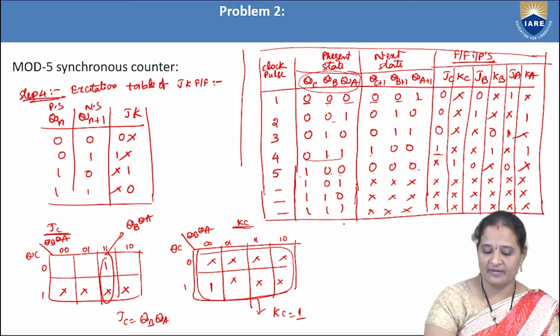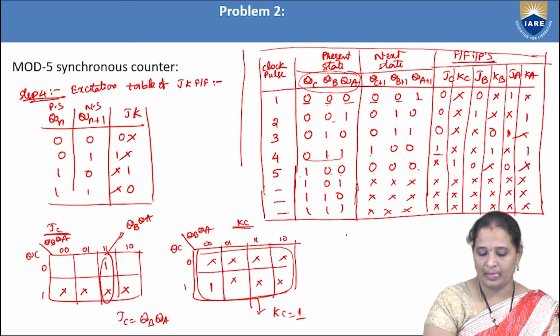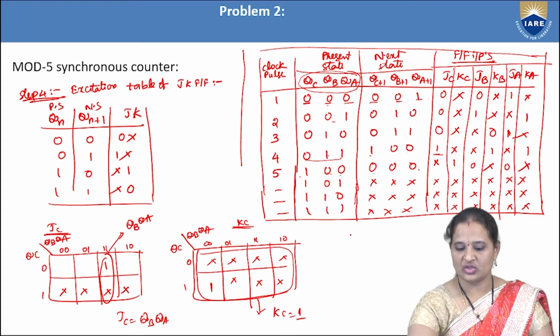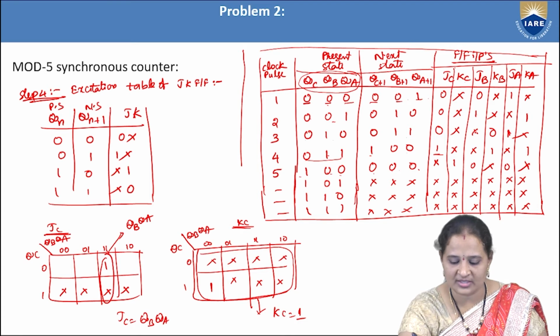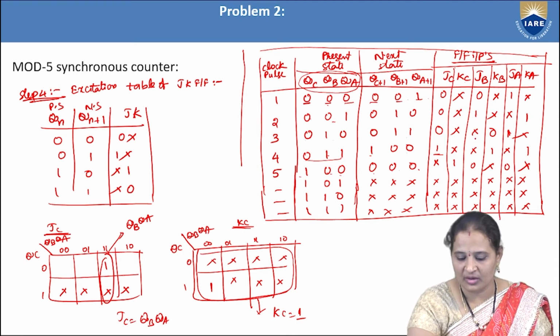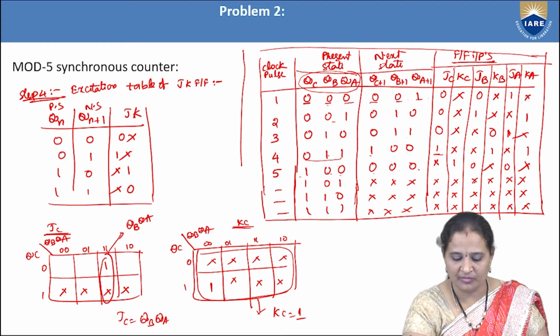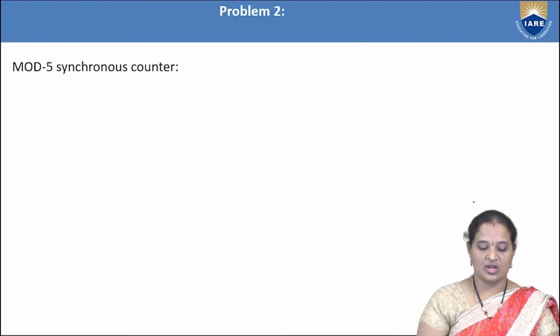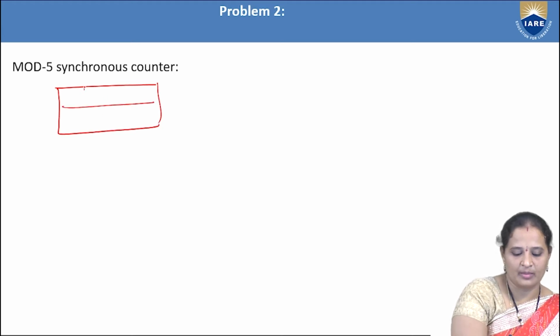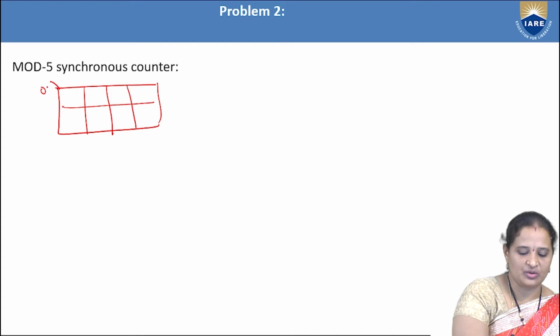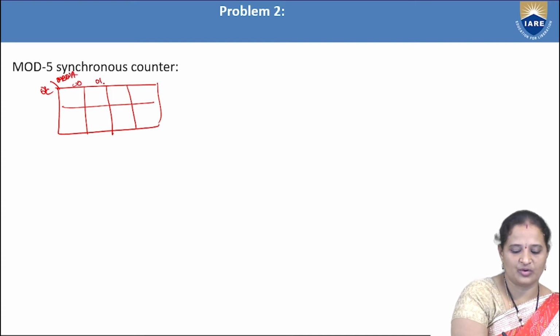Now I can derive the expression for JB. Let us identify: JB is 1 for 1, and 2, 3, 5, 6, 7 are don't care. So now I am deriving the equation for JB. QC, QB, QA, and here it is 0, 0, 0, 1, 1, 1, 1, 0, 0, 1. So this is for JB.